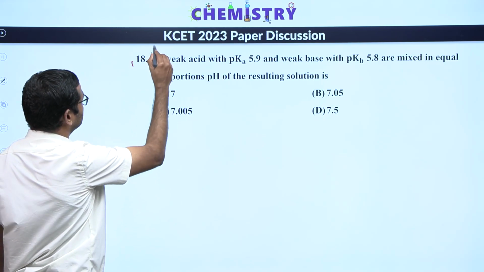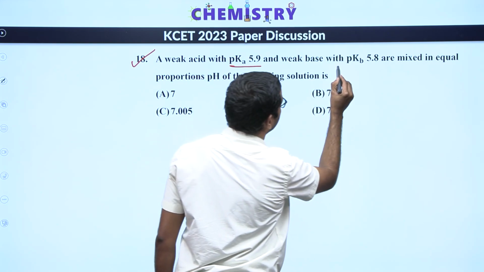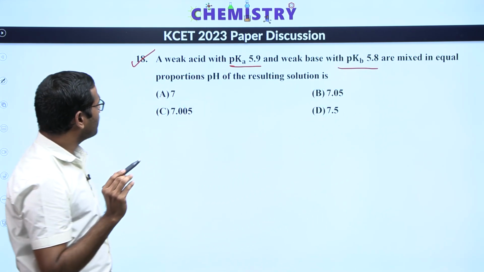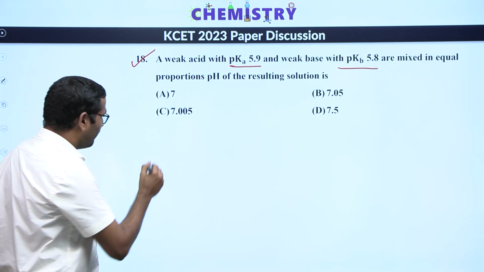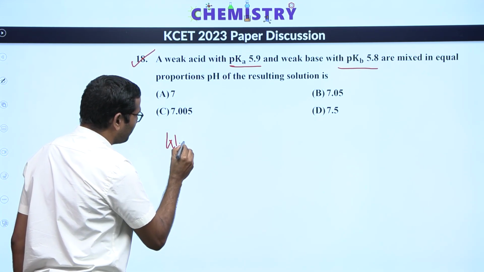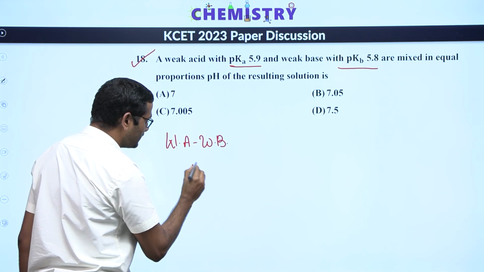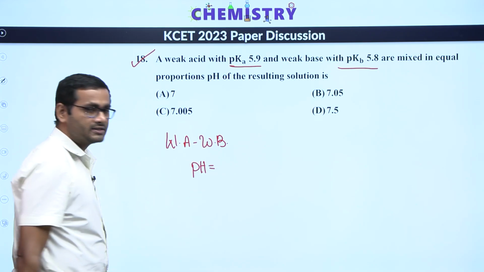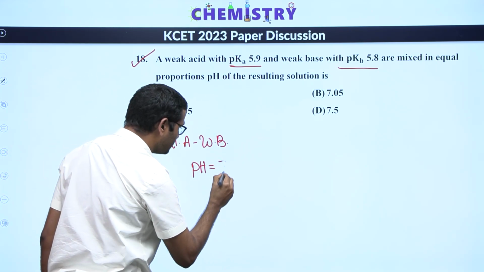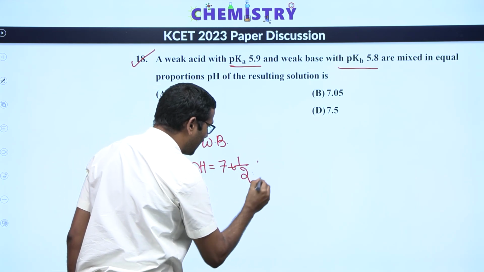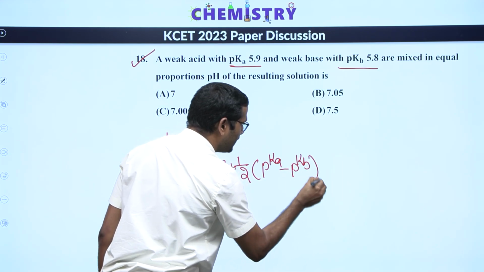Now the 18th one, a weak acid with pKa 5.9 and pKb 5.8 are mixed in equal proportions, pH of the resulting solution. Now whenever the salt is from both weak acid and weak base, beta, in salt hydrolysis questions, whenever pKa is more than pKb, in that case we can use 7 plus half of pKa minus pKb.